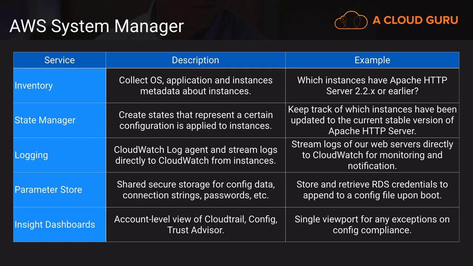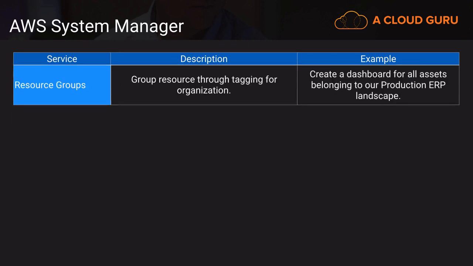We also have the Insights dashboard, and this is really just an account level view of various CloudTrail, Config, and Trusted Advisor screens. We also have resource groups, and this is just another way to get to the resource group screen that you can get to from the main console. And resource groups really are just a way to organize your resources through tagging. So I can create a dashboard for all the assets that maybe belong to our production ERP landscape.